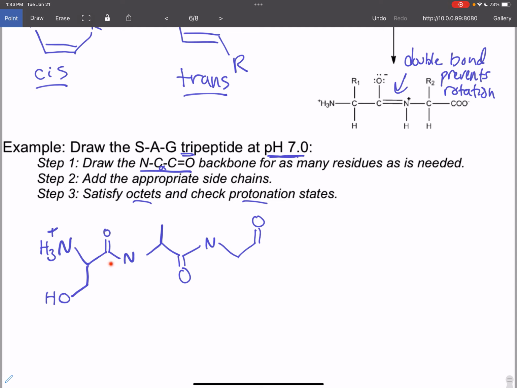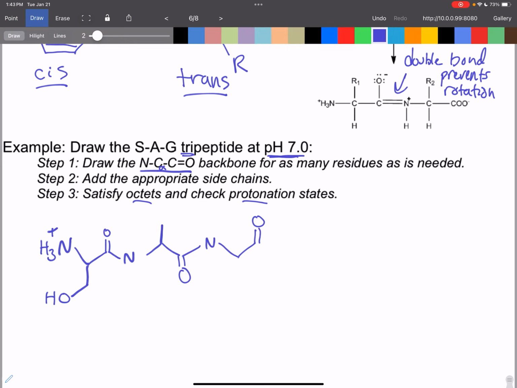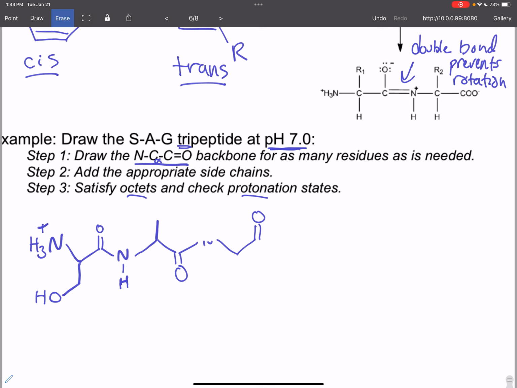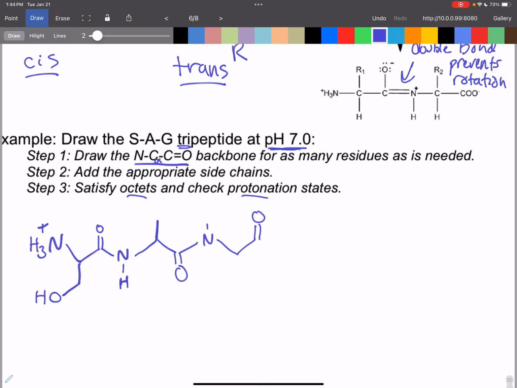And then we get to the amide functional group, the peptide bond right here, and this nitrogen is currently only making 2 bonds. So to satisfy its octet, it's going to need a hydrogen, okay? And you can draw it that way. Another way that I sometimes draw the hydrogen for the peptide bond is to put it off like this. I kind of like doing it that way as well, because this highlights that it's a bond. And I'm going to do that on both of them. So I'll put the other one up here like that.